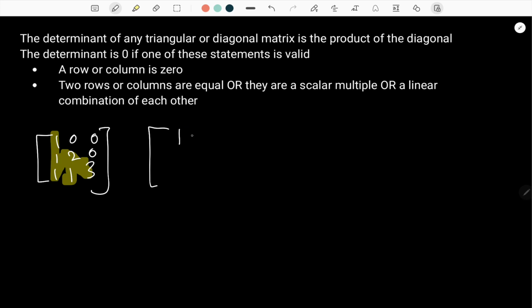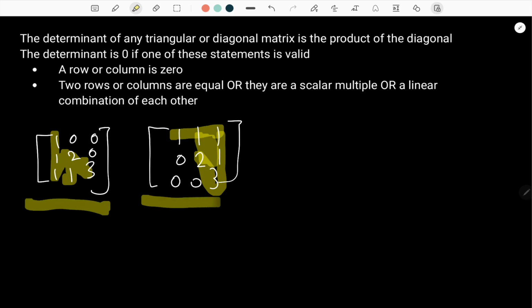If I do 1 1 1 1 2 3 and 1 here, oops, I did something wrong, I think. Yeah, why is there 1 here? 0 0 0. So this is an upper triangular now. As you can see, we have an upper triangle over here, and there are only zeros on these elements. So this is lower triangular and this is upper triangular.